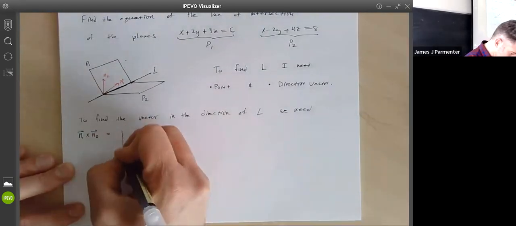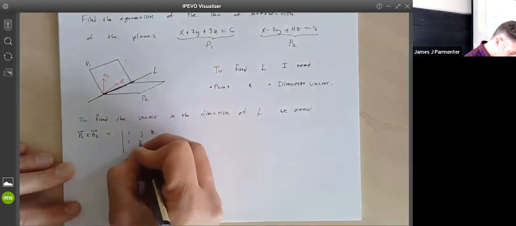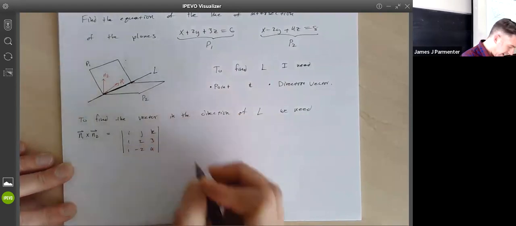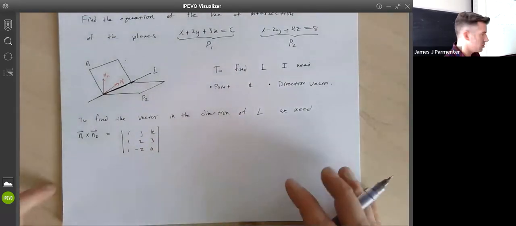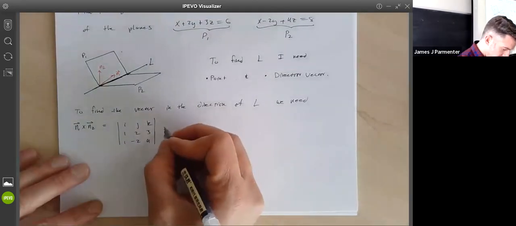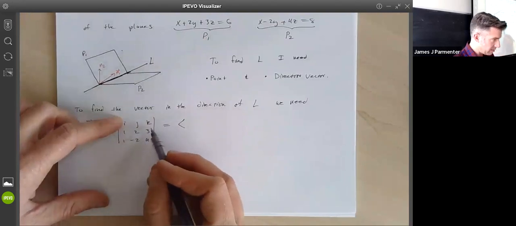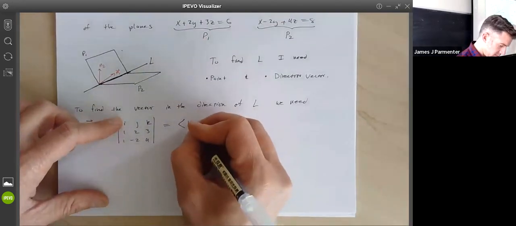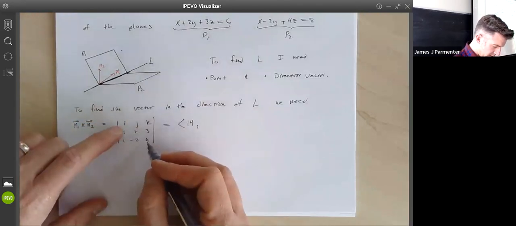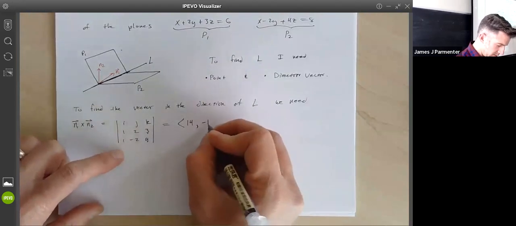So that's going to be, let's see, i, j, k, and N1 is 1, 2, 3, and N2 is 1, -2, 4. I feel like we do this calculation enough. You should get good at doing it without writing it all out. So the first component is going to be 8 minus 6, which is 14. Second component is going to be minus 4 minus 3, so it's a -1.